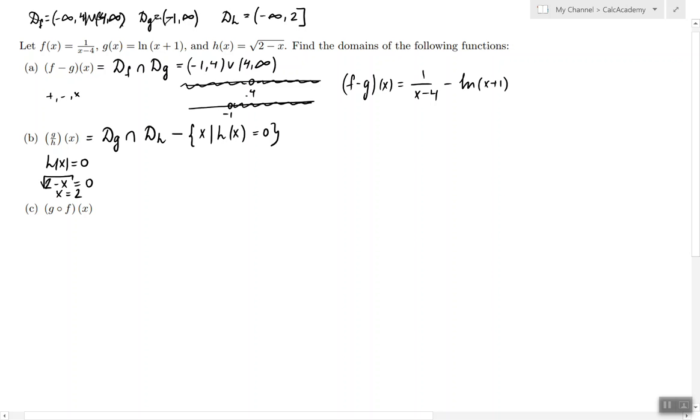So now let's find the intersection of the domain of g and the domain of h. The domain of g is all the values from -1 to infinity, and the domain of h is all the values from -infinity to 2. So the intersection is from -1 to 2, and from here I have to exclude the value that makes h equal to 0.